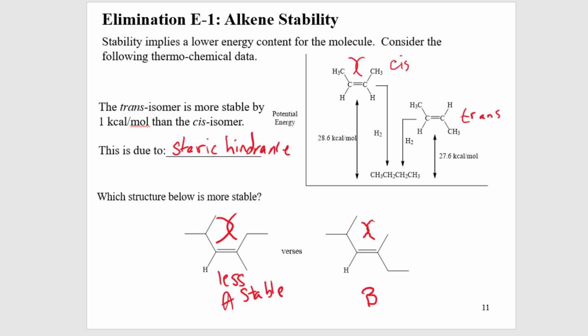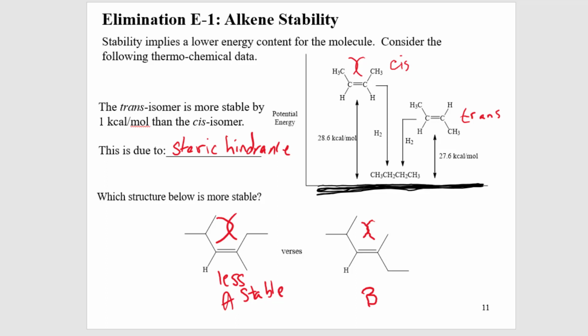Notice that if you turned this butene into butane, they both would form butane. So they would both form the same product. So the product energy is the same because they're both forming the same product. If you saturate a butene, no matter if it was cis or trans, you're going to get butane.